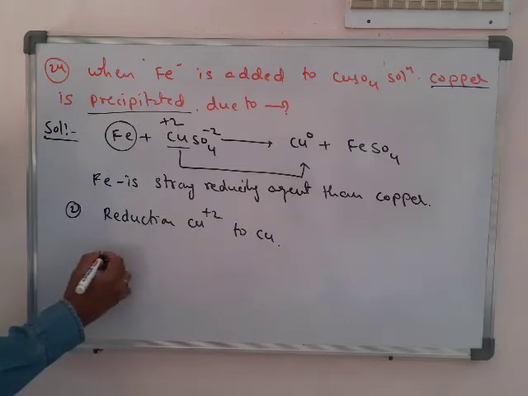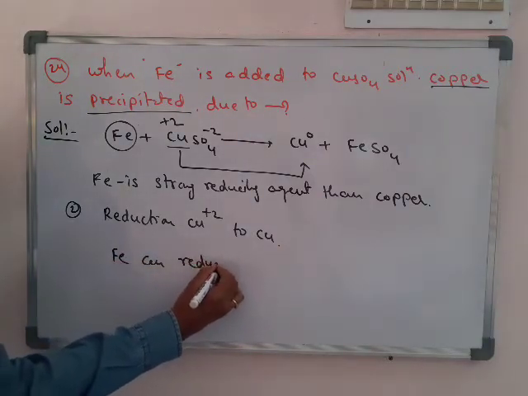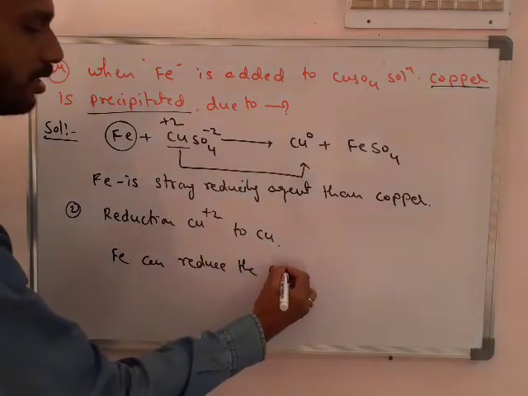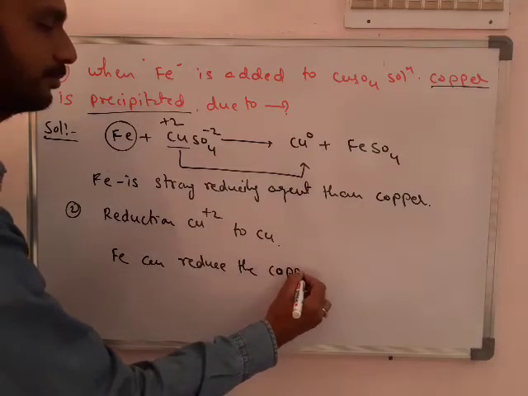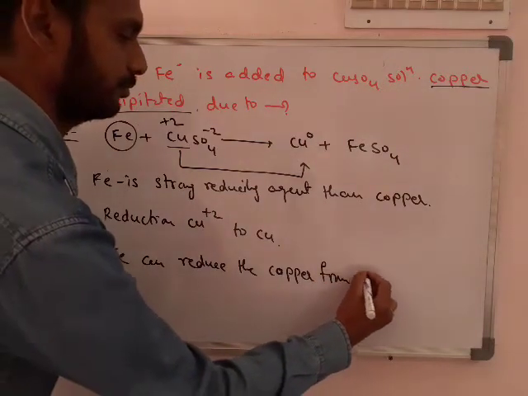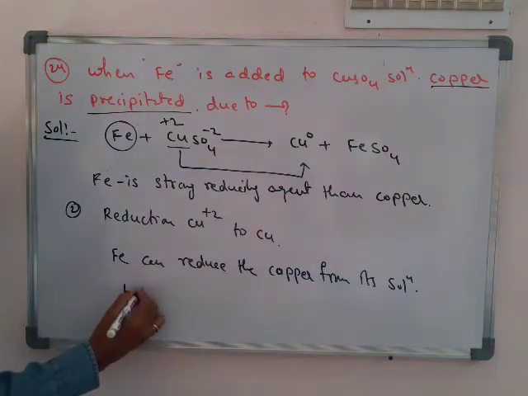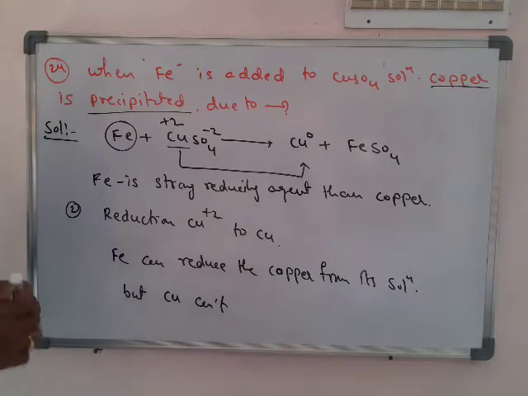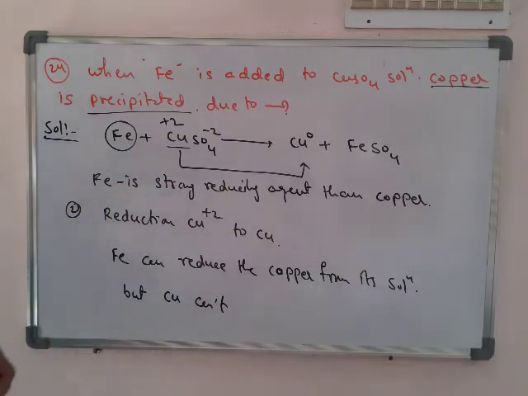So iron can reduce the copper from its solution, but copper cannot, because iron is a stronger reducing agent than copper.